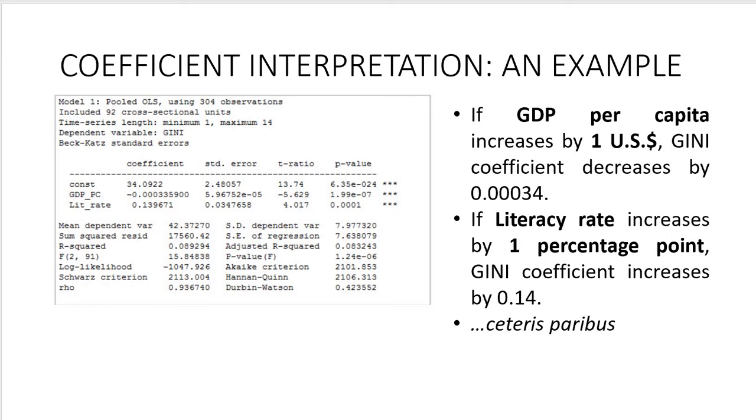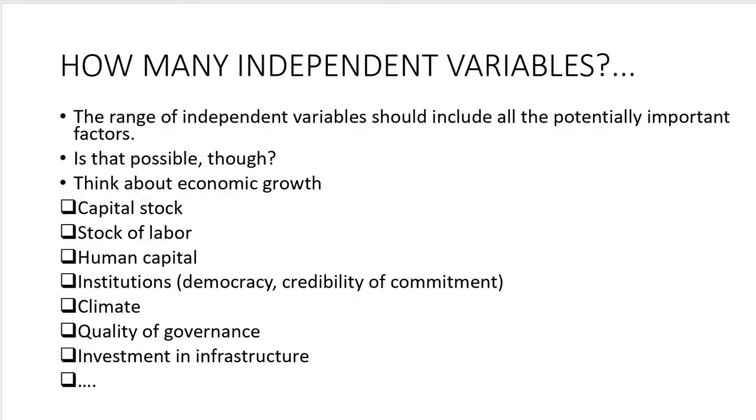So there is an interesting question, how many independent variables you have to include exactly. For instance, when we think about economic growth, it is affected by capital stock, stock of labor, human capital, institutions such as democracy, quality of legal system, and so on, climate, quality of governance, investment in infrastructure, and so forth.